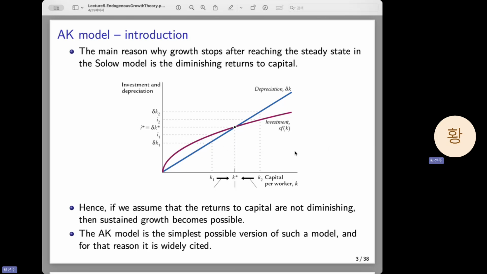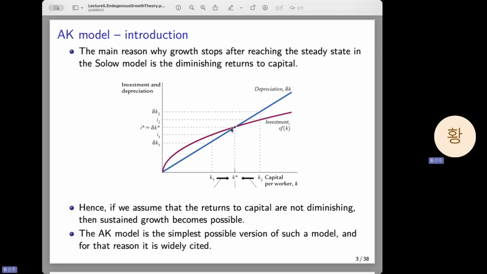Here, the red line shows investment, s times F. It flattens out as K increases because the production function has diminishing returns to capital. The blue straight line shows depreciation, delta K, which increases proportionally with K.